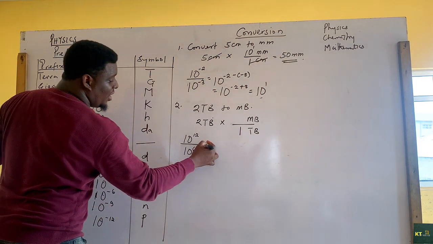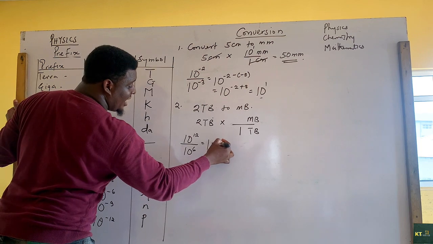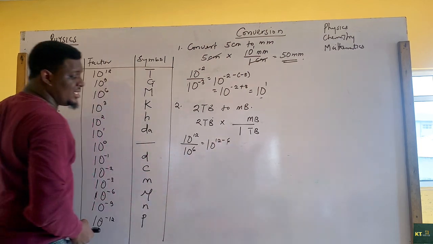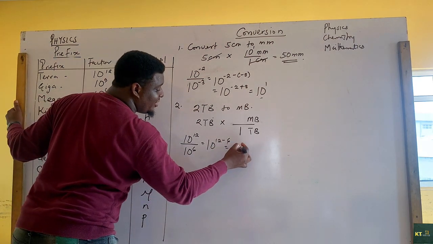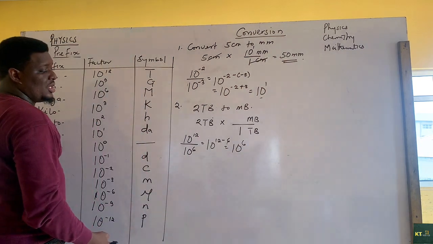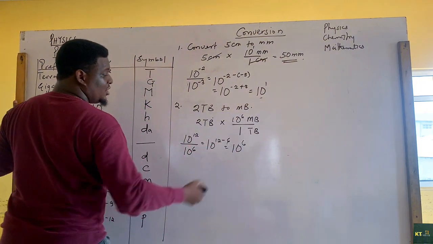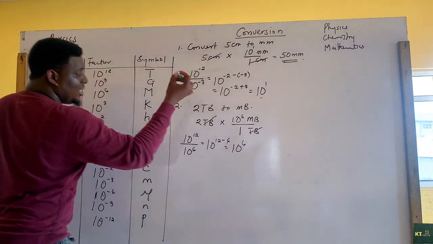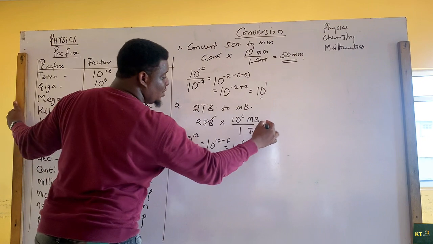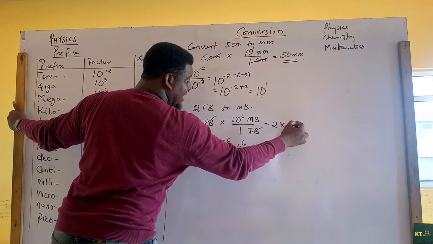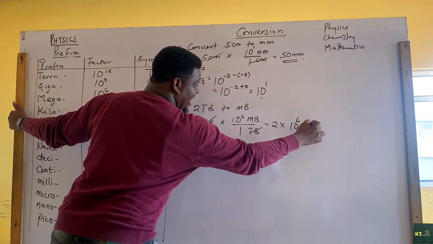So that will be 10 raised to the power of 12 minus 6 by indices, which is 10 raised to the power of 6. You take this answer and put it in this empty space, so you can cut out this. So what do you have? 2 multiplied by 10 raised to the power of 6 megabytes.